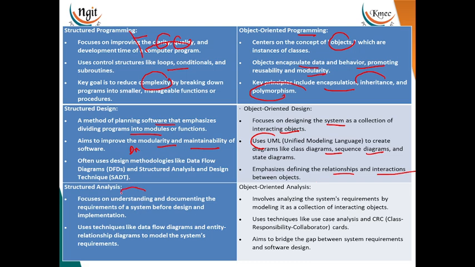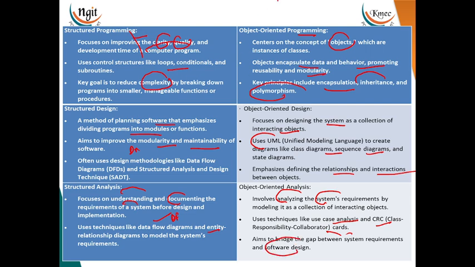The focus is on understanding, documentation, and requirements, involving analyzing system requirements and other things. Techniques include DFDs, data flow diagrams, and entity relationships, along with use case analysis and CRC, class responsibility collaboration. The aim is to close the gap between system requirements and software design.